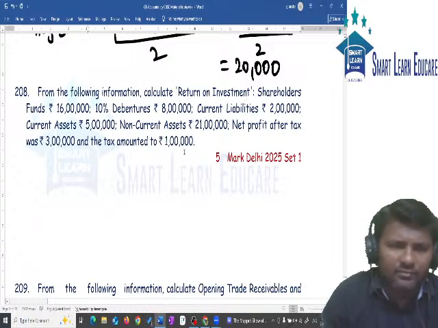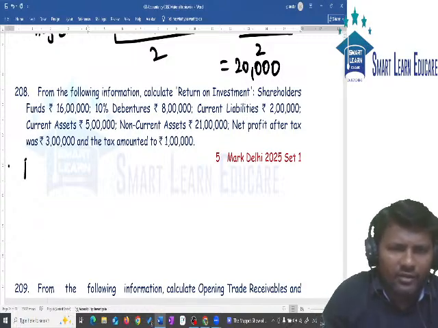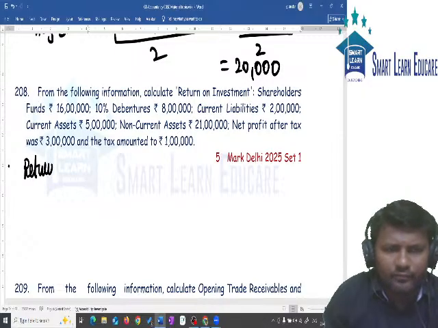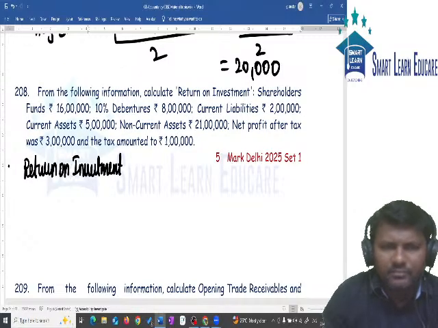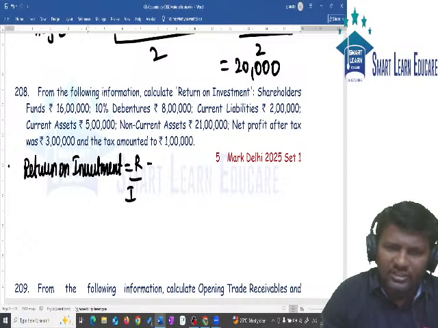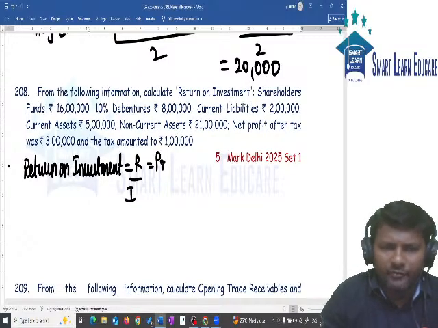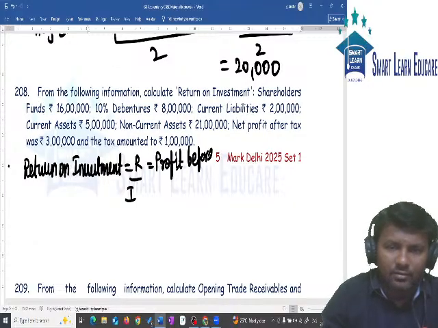Tax is 1 lakh. What is the formula for return on investment? Simple, it is return divided by investment. What is the return? Return means profit before tax.